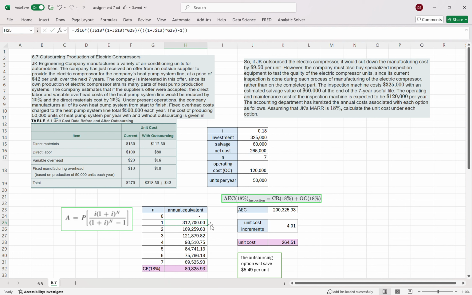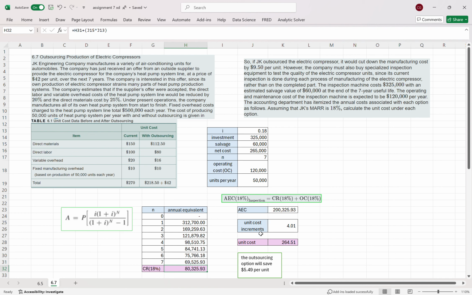So I set up the formula, I dragged it down, and then I added all the values to get the capital cost, at an 18% rate.